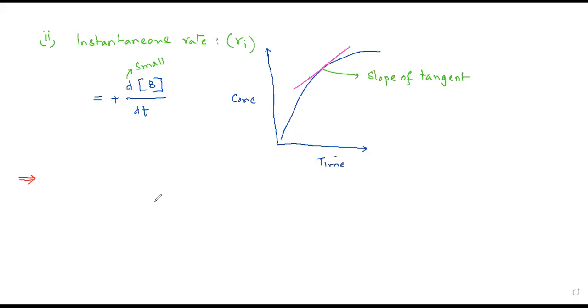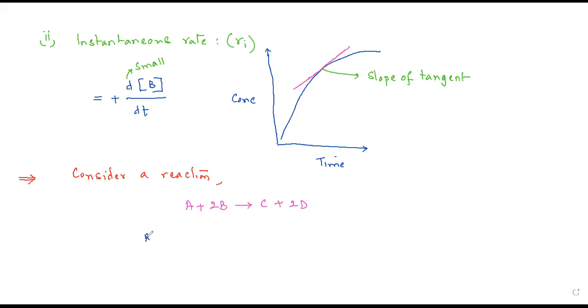Now, some more details. Consider a reaction A plus 2B gives rise to C plus 2D. Be a little careful. This is going to be much more interesting.